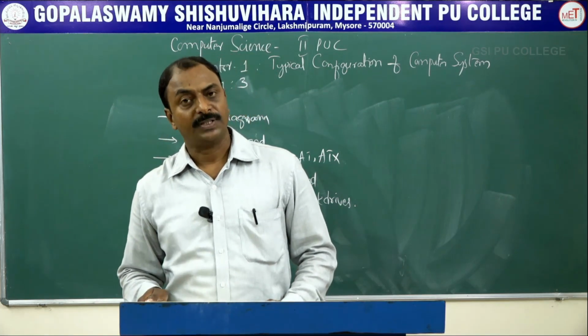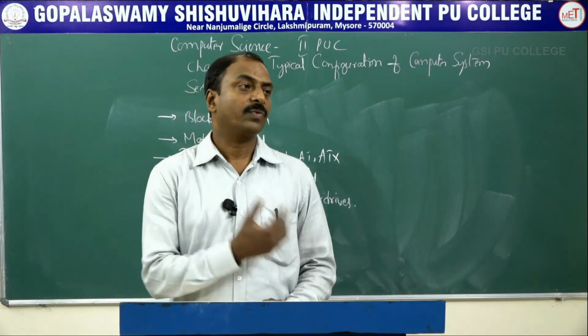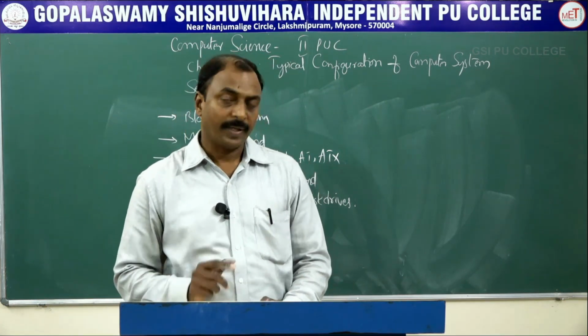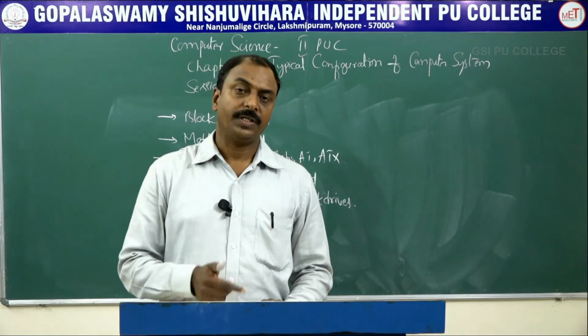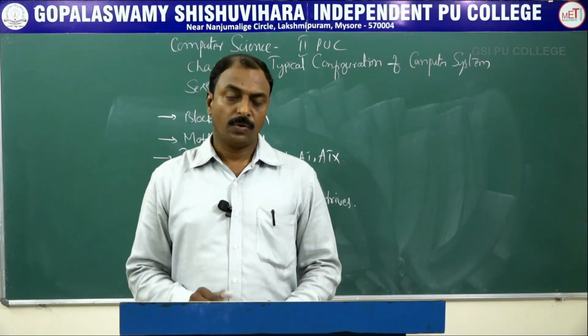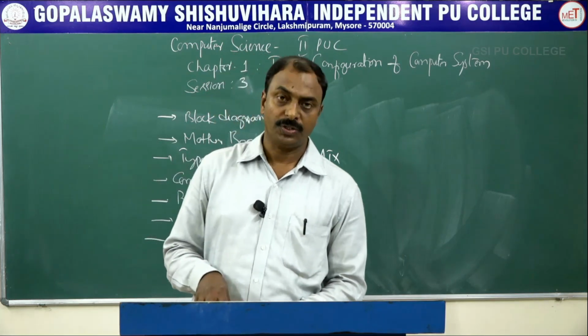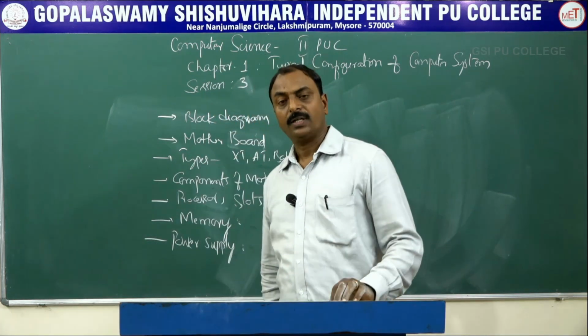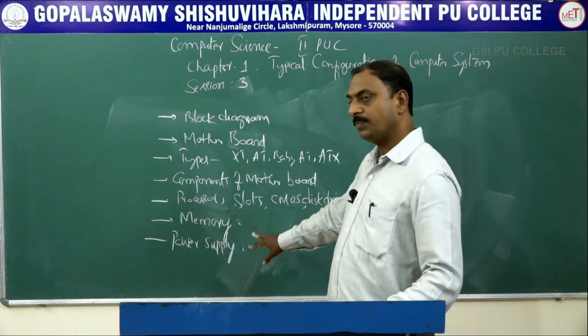Its main function is to convert AC power, which we normally get through the plug point at around 230 to 250 volts, and regulate it to DC power between 5 to 15 volts. Those volts are sufficient to work with the computer system.